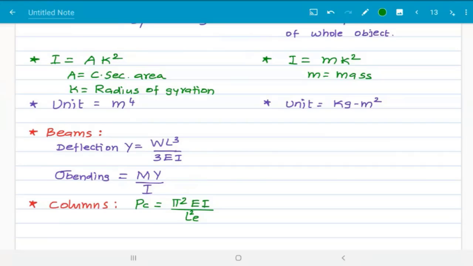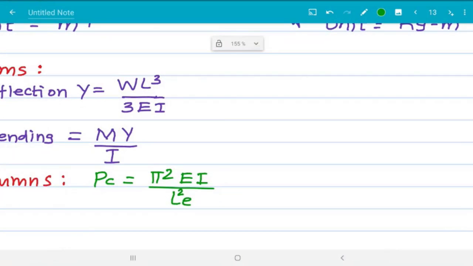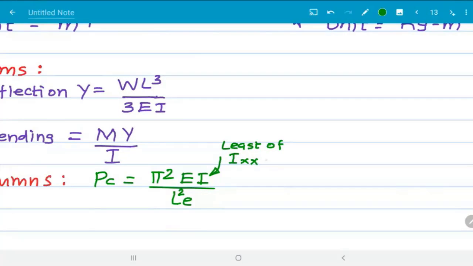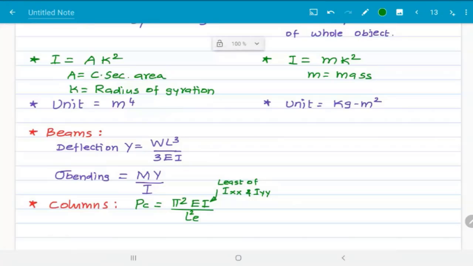What is this I? Tell me. Already you know the answer, right? It is the least of IXX and IYY. Then in case of shafts, shafts and helical springs, right?